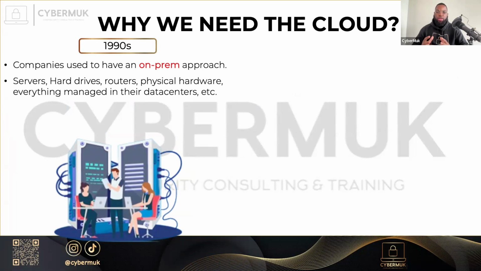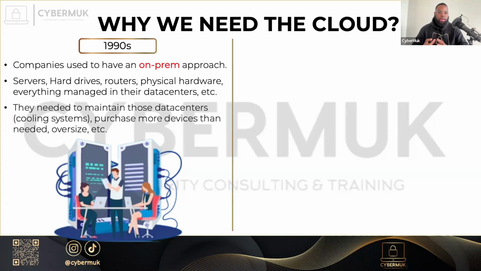So if you were asked to install a brand new server room for your organization, you will probably have to clear your calendar for weeks or more to address everything that was involved, from power to environmental controls to hardware acquisition, installation, configuration, building, installing software. So much headache. Now, they needed to maintain those data centers as well, like cooling systems. They ended up purchasing more devices than they needed, and they weren't used to their effective capabilities.